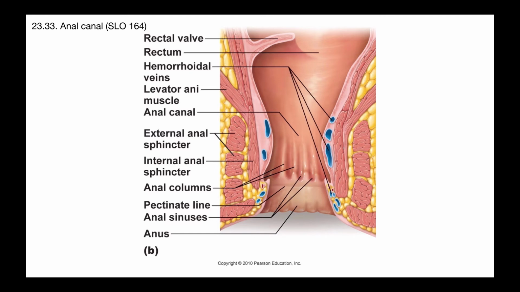I bring this up here because we're going to see a similar arrangement of internal autonomic sphincters versus an external voluntary sphincter when we are looking at the urethra as well. So there's going to be an internal sphincter that opens as soon as the bladder fills to a certain volume, but it's the external sphincter that you have voluntary control over.